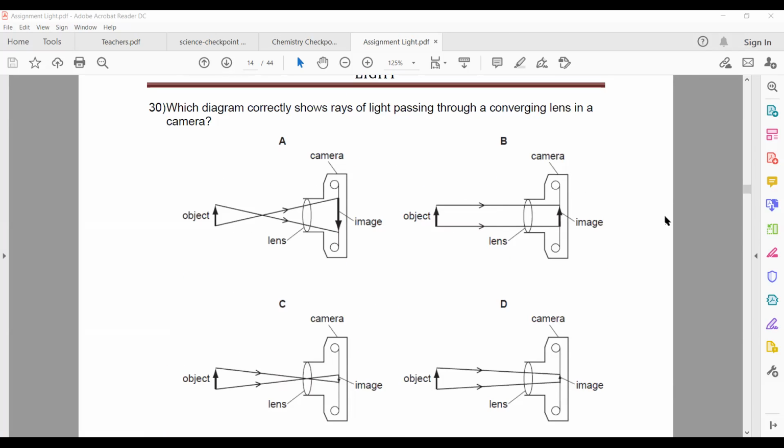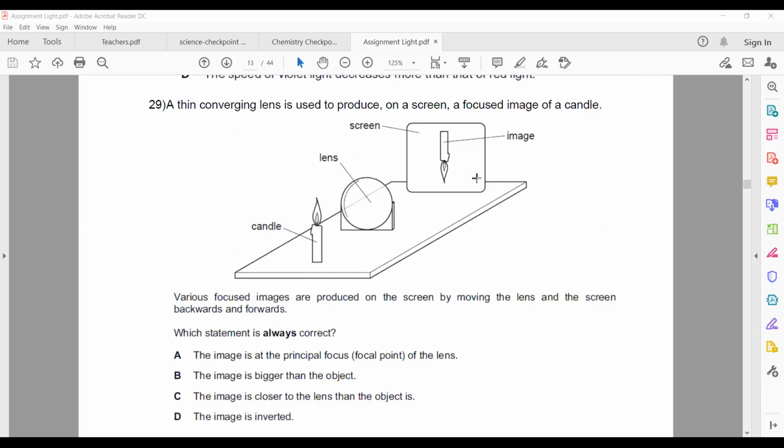But what if we see from the other side? Means you place your eye here. The question is, what is seen on the screen?